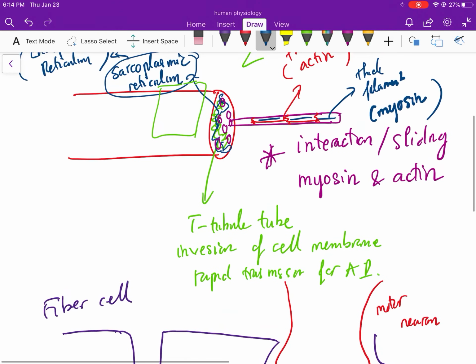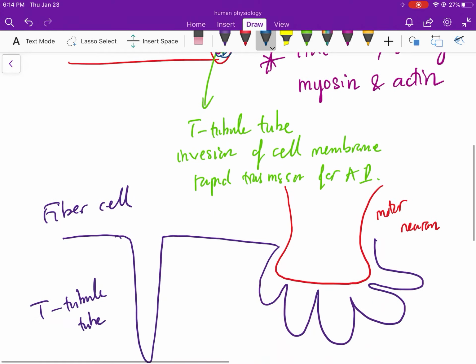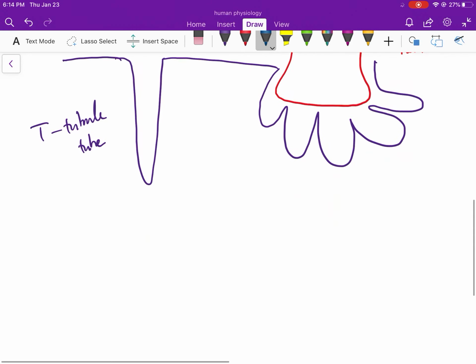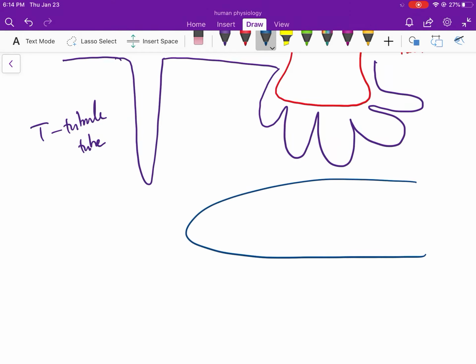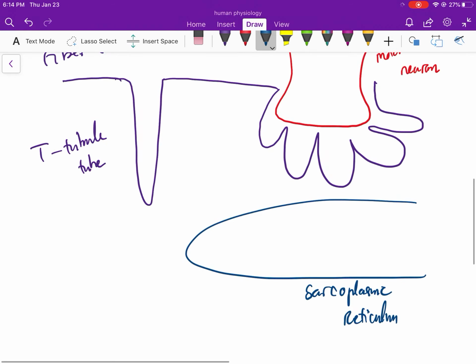In our fiber cell, we have our T tube, and at the same time we have our sarcoplasmic reticulum. A really important thing to know is that the sarcoplasmic reticulum has a really high concentration of calcium.